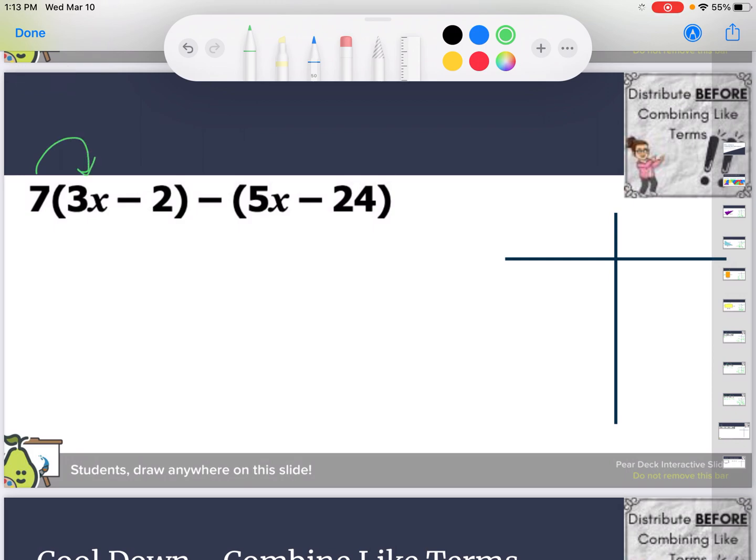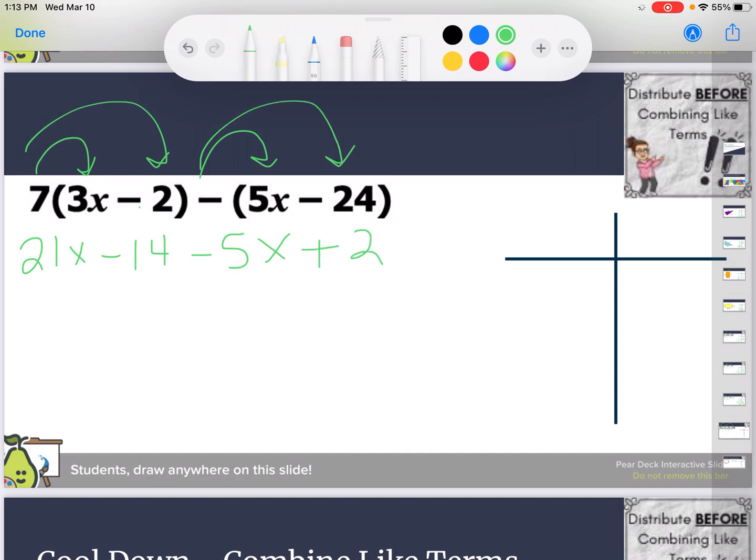Distributive properties, so I've got 21x minus 14 because a positive times a negative is a negative, and then minus 5x, and then a negative times a negative is a positive 24. Now I'm going to put it into my table. 21x minus 14 minus 5x plus 24.